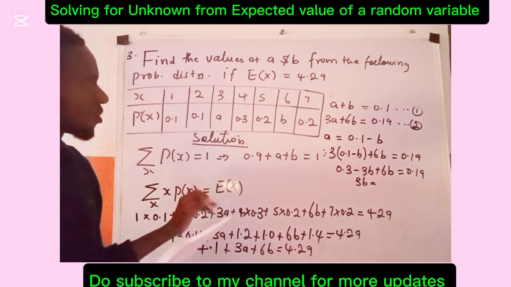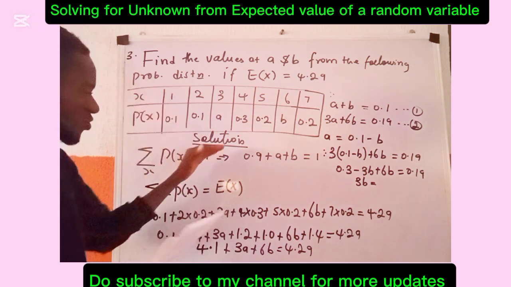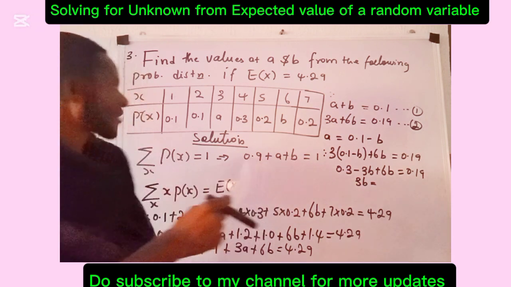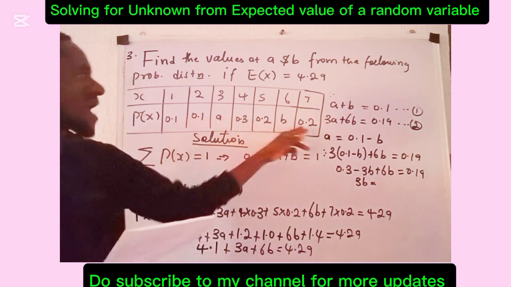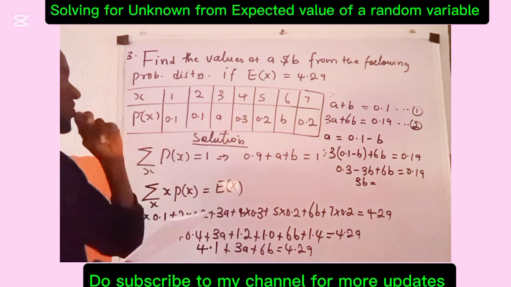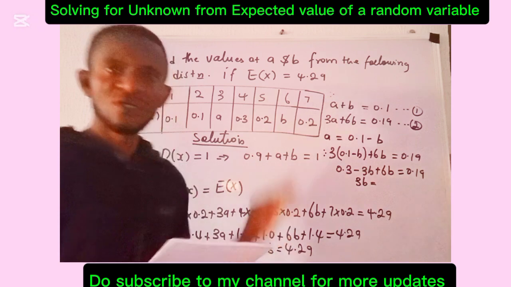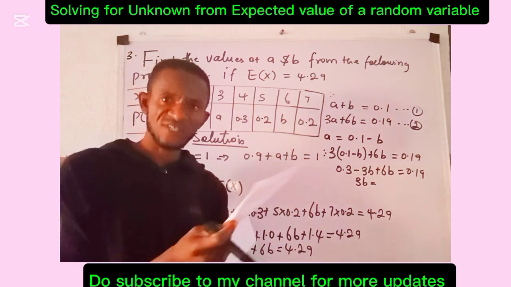The only thing I can assure you is that if you do your multiplications clearly, this value of b and a are going to be positive because they are probability values. And the moment you see two unknowns, you resort to using simultaneous equations.